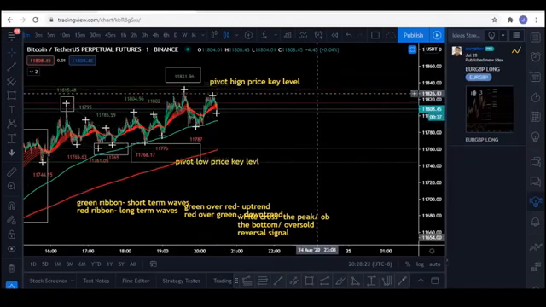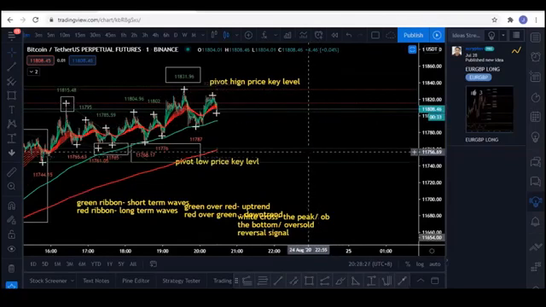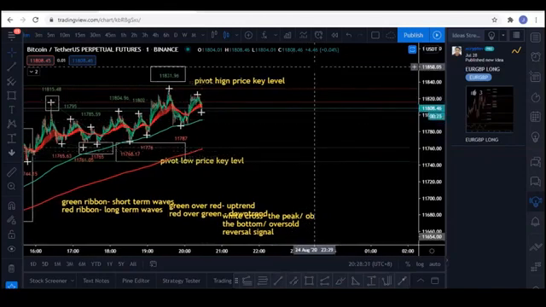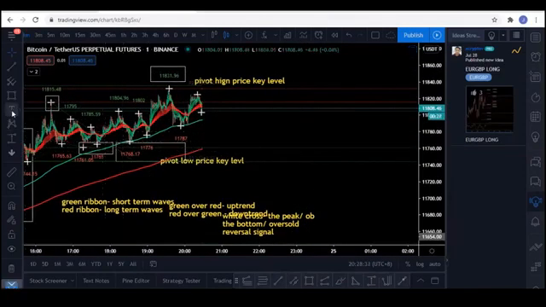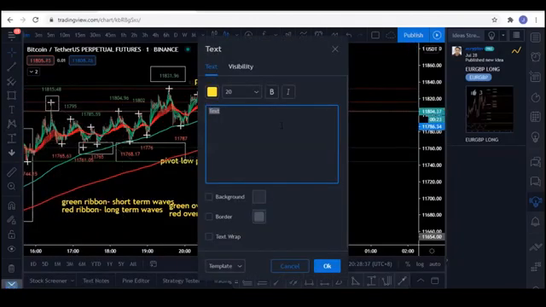This one, the red one, is resistance. This one is support. Okay, let me write it. I hope you are taking down notes so you won't forget. This is our auto support and resistance.